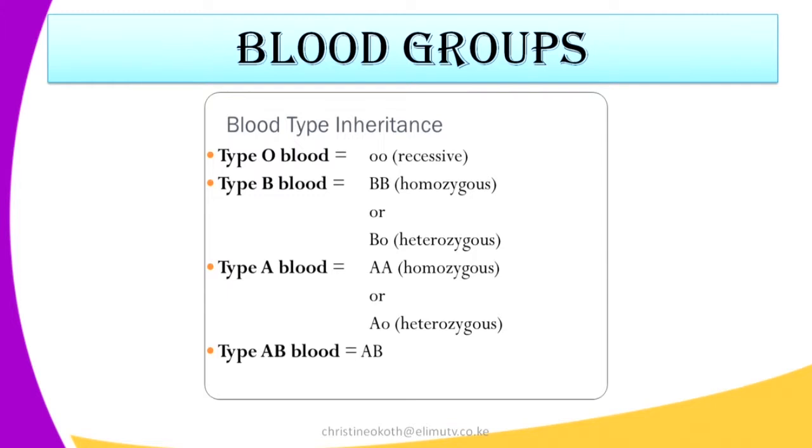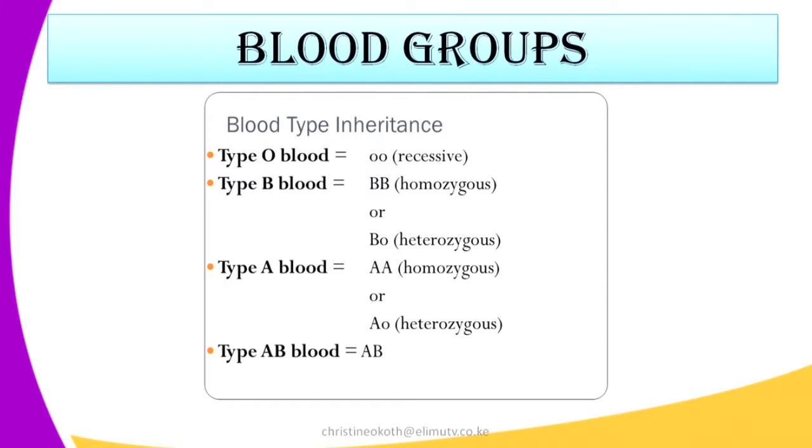So this is how we inherit the blood type. The blood group O is made of the recessive genes. The blood group type B is made of either homozygous, which is BB, B being the dominant, and BO is the heterozygous. So you have the alternative of BB or BO. Then in blood type A, we have a homozygous state, which is AA.